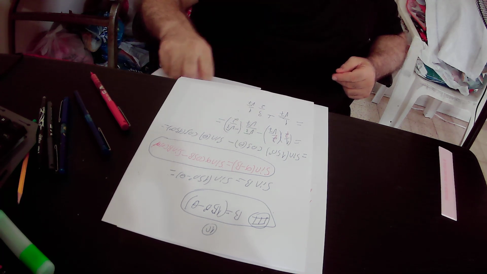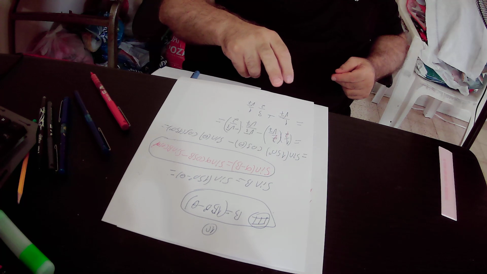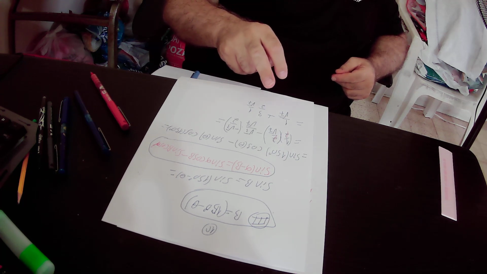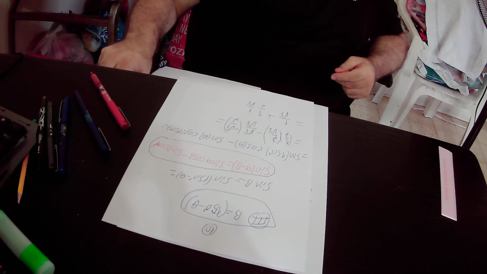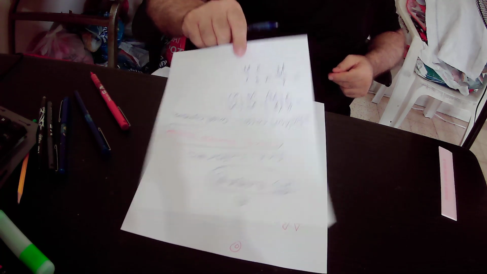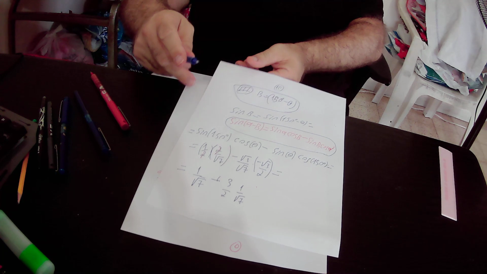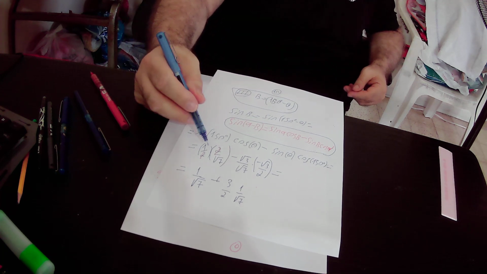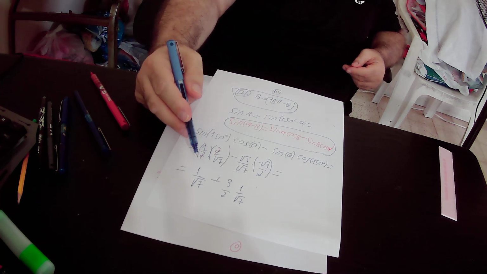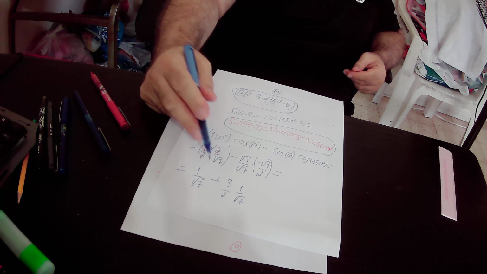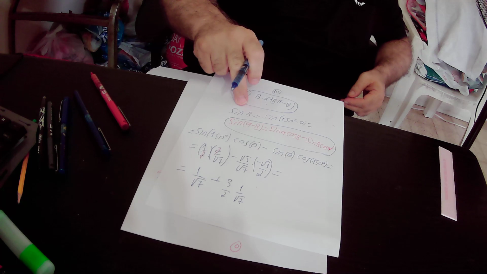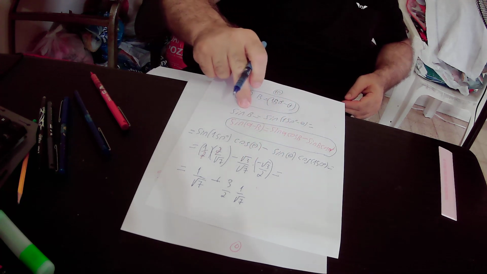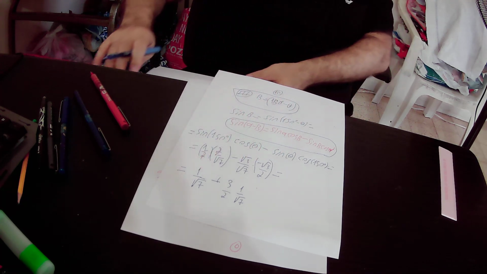So we got 1 over root 7 plus 1 over root 7 times 3 over 2. Here we take out a common factor of 1 over root 7, and this is the value of sine beta.